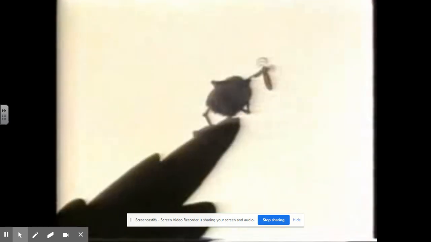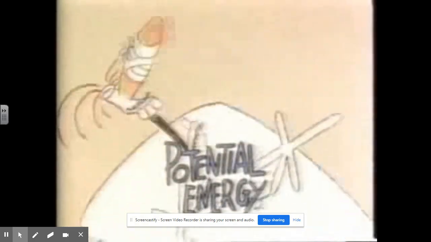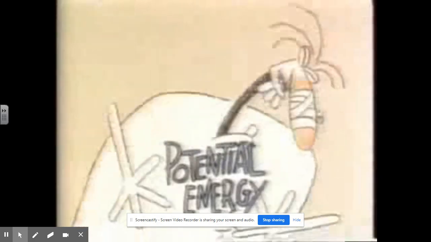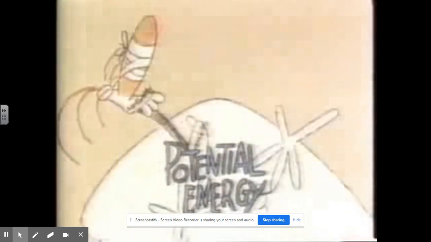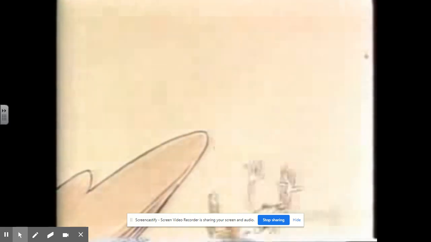Meanwhile, back at the cliff edge, the giant finds all this very amusing, but he'd better watch out, because most of the kinetic energy it took for him to climb up to the top of the cliff is now stored in him by virtue of his position. He's full of potential energy, just waiting to be converted back into kinetic energy any minute now. Timber!